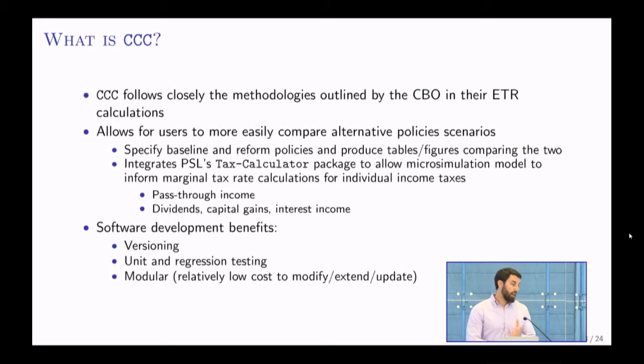So for instance, the cost of capital calculator interfaces with a microsimulation model to compute individual income tax rates. In this case, we're interfacing with the tax calculator, another PSL cataloged model. And that's helpful in computing, for instance, marginal tax rates on pass-through income, as well as marginal tax rates on dividend, capital gains, and interest income, all of which affect marginal effective tax rates on investments.